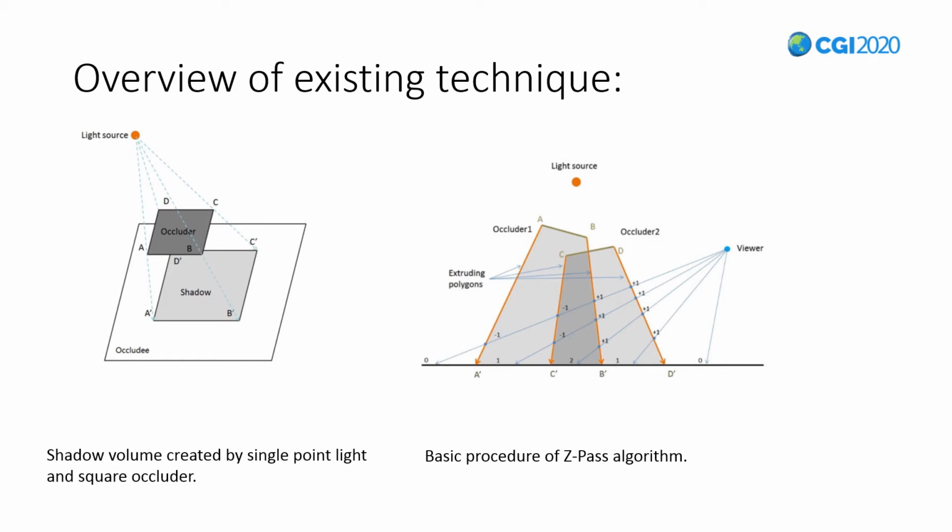We use shadow polygons to refer to polygons that form the bounds of the shadow volume. The efficiency of the search for the silhouette has a significant impact on the overall efficiency of the algorithm because it is the most time-consuming step.